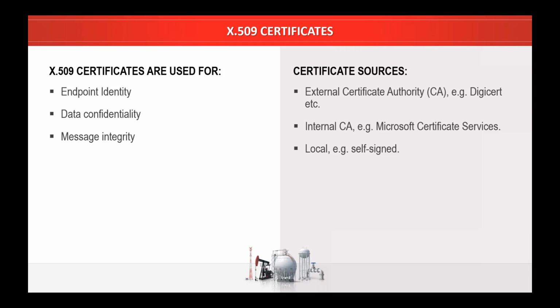And then the last step that the certificates are used for there is message integrity. Again, using the public-private key, all the messages within OPC-UA can be signed. And this allows the receiving end to ensure that the message hasn't been tampered with in transit. So by using X509 certificates within OPC-UA communications, we cover off those three aspects of security there.